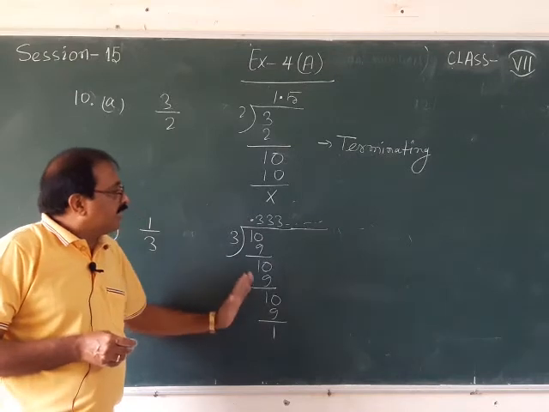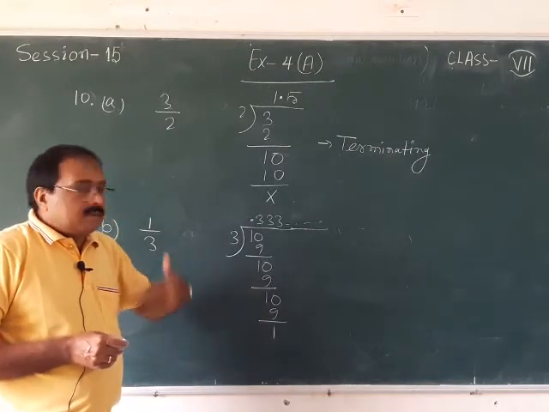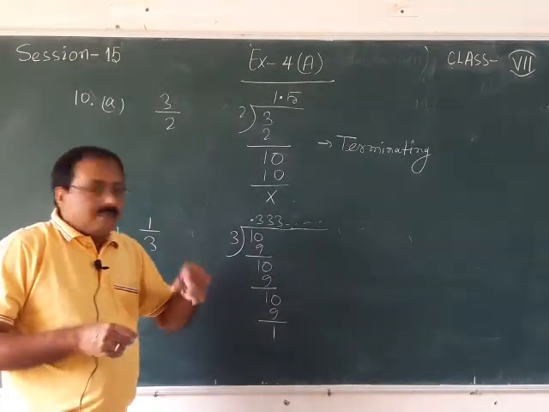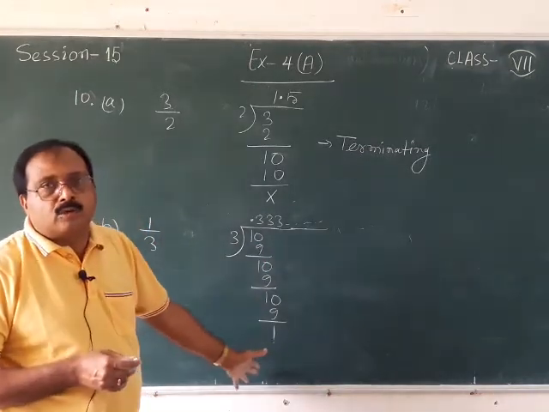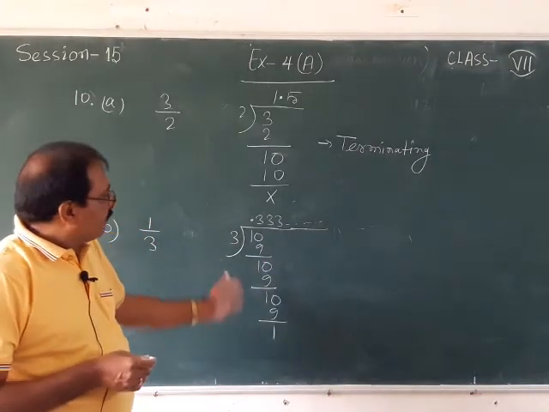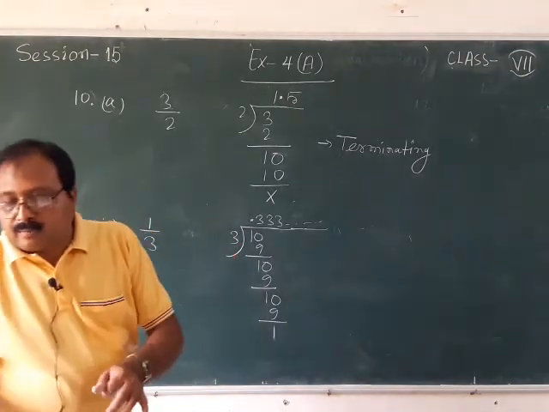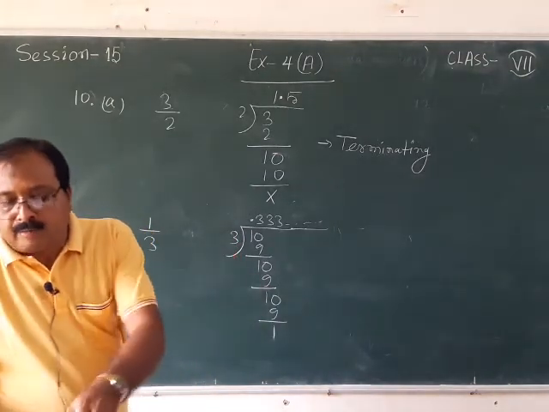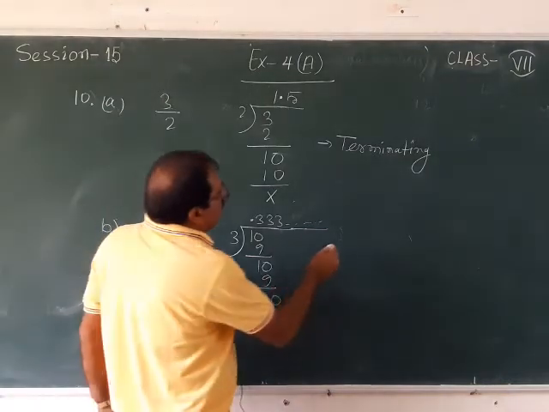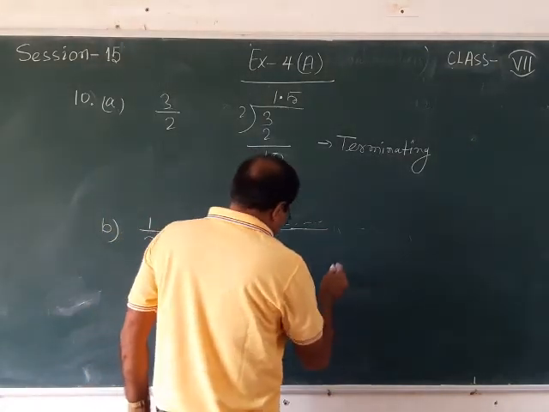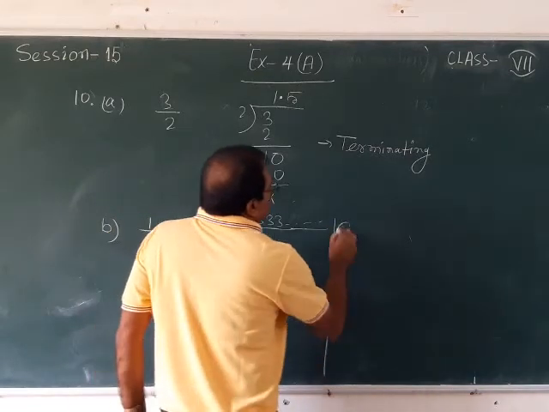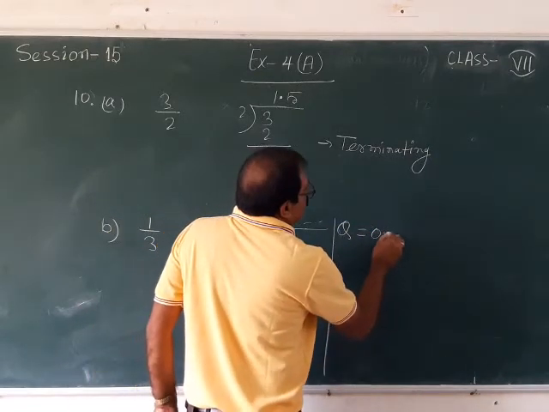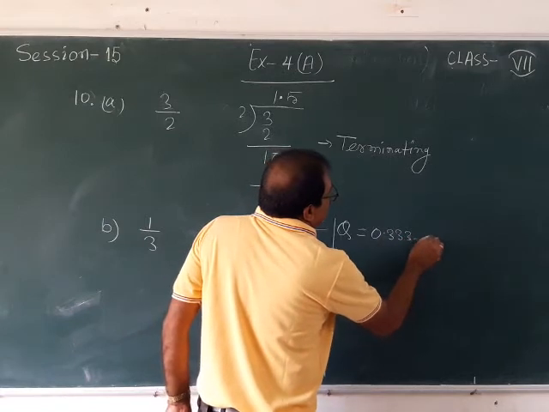If you divide it the whole day, then also you will be unable to complete. You will not get 0 as your remainder. That means such types of decimals are non-terminating recurring decimals. If somebody asks you what the quotient is here, the quotient is 0.333 and it goes on.